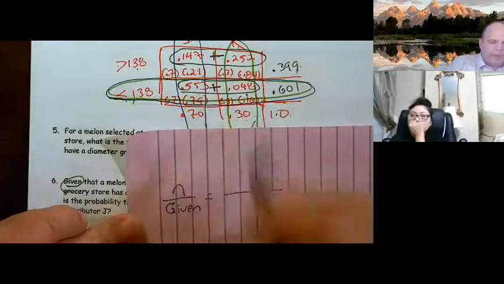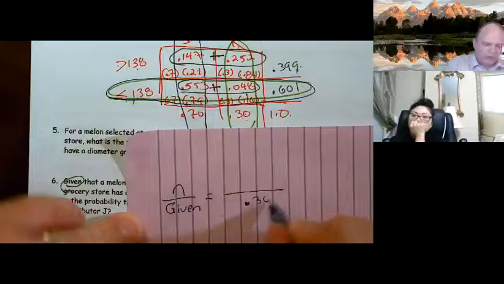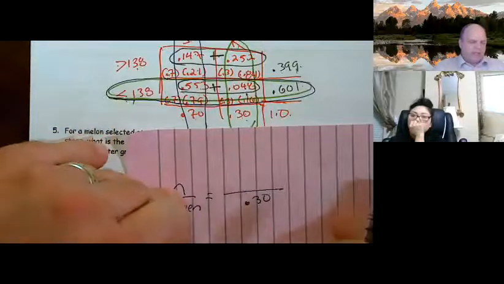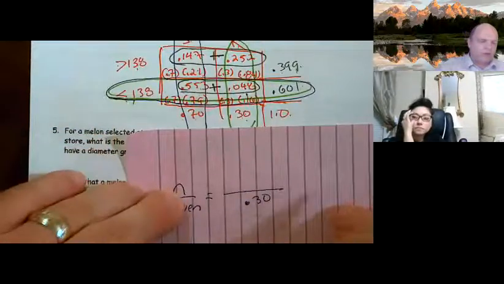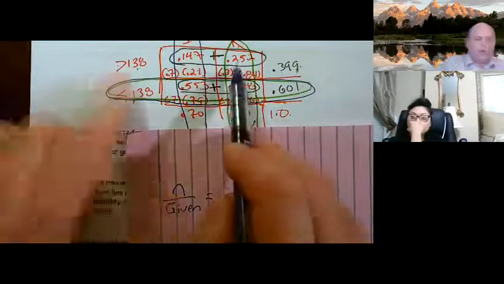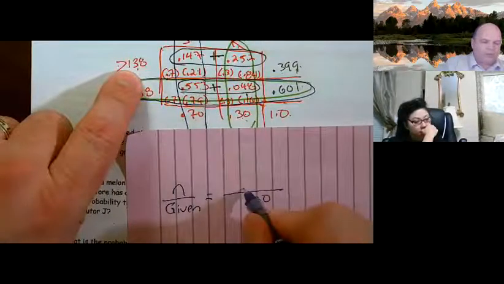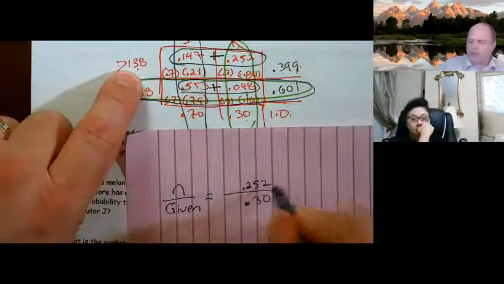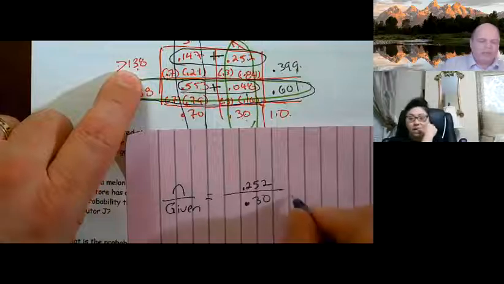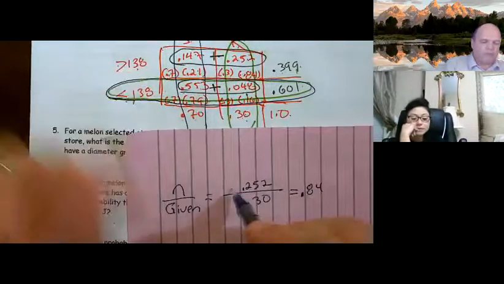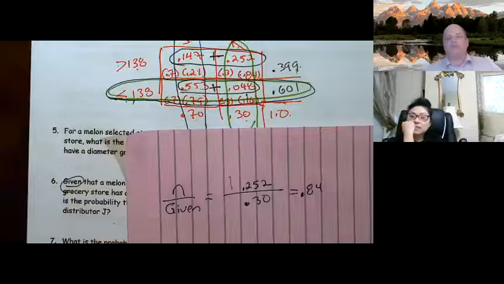They said from K, well, K is 0.30. What is the probability that it has a diameter greater than 138? Well, my greater than 138 is up here, so this is going to be 0.252, and this happens to equal 0.84.